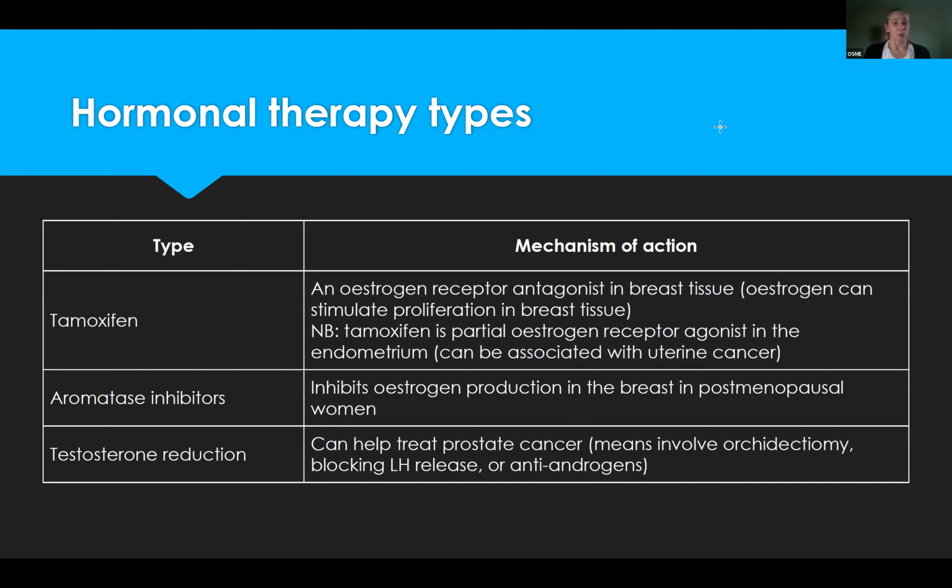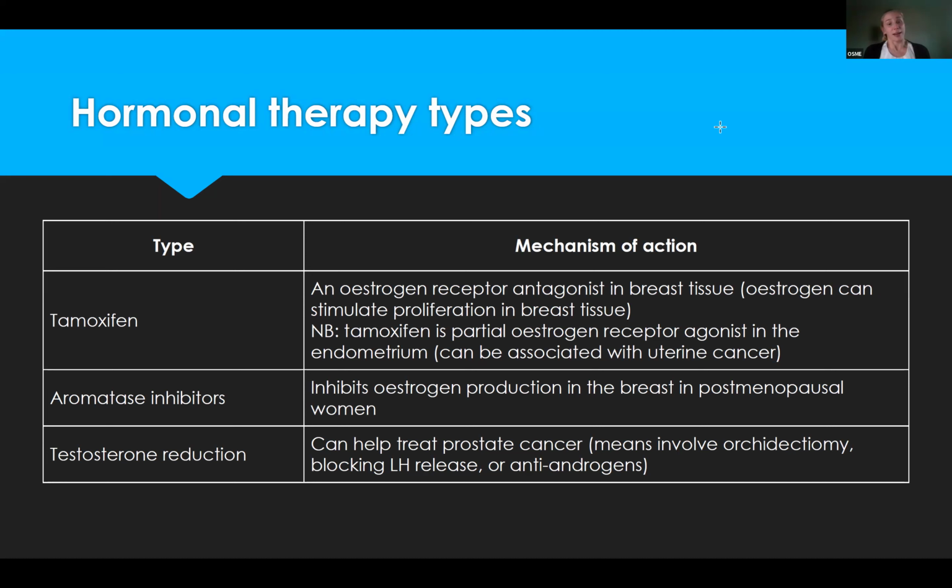And then the last major one is general testosterone reduction. So this, as you could probably figure, is most relevant in prostate cancer. It can be achieved through a variety of means. One of them is simply orchidectomy, because obviously if you remove the organ that is most involved in production of testosterone, you will reduce testosterone overall.